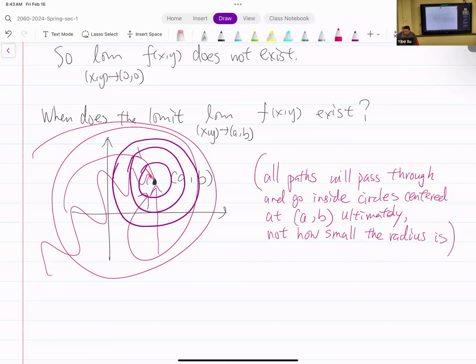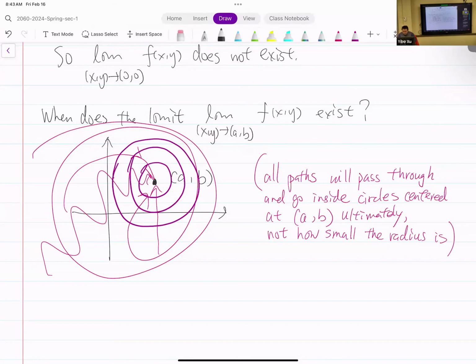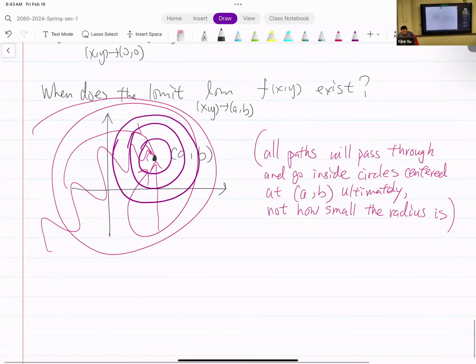If you think about the distance from the point when it's traveling along the direction, it may get close and then further away and then go back to the point, which could be something really weird. So the distance may not be monotone in a sense, but still, if you eventually want to get close to that black dot, you still have to pass all these small circles. That's the point.